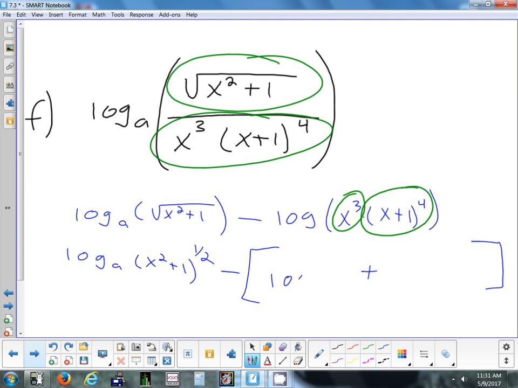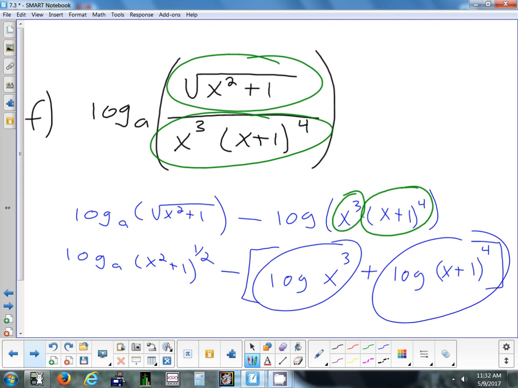The first one is going to be log, my first argument, Riley? X cubed. Yep. We'll deal with the exponent in a second. And my second argument, log x plus 1 to the 4th. And that minus applies to this and that. If you didn't put the brackets, it would only apply to the first one.